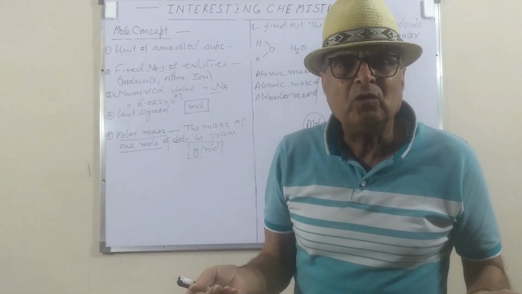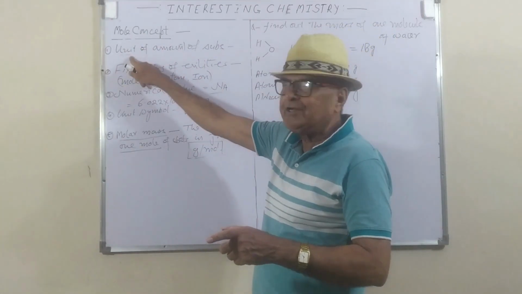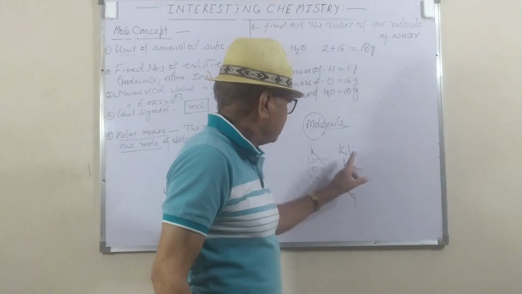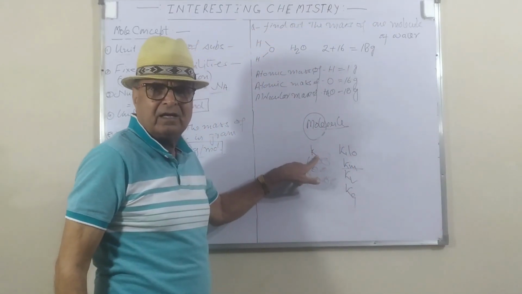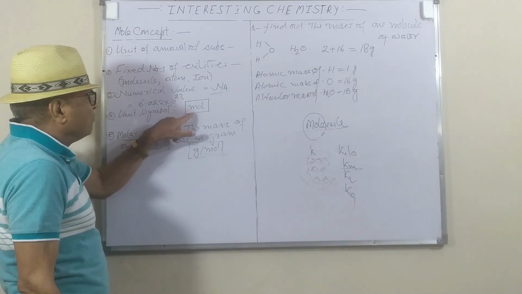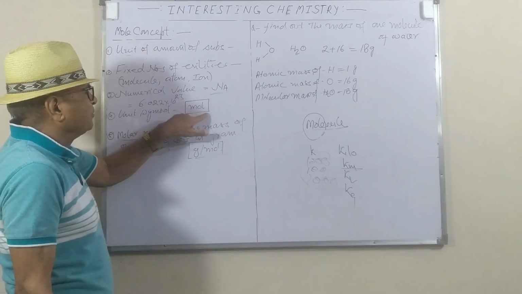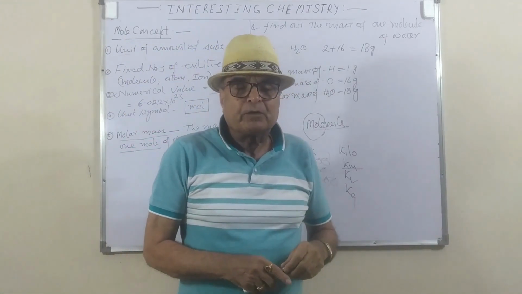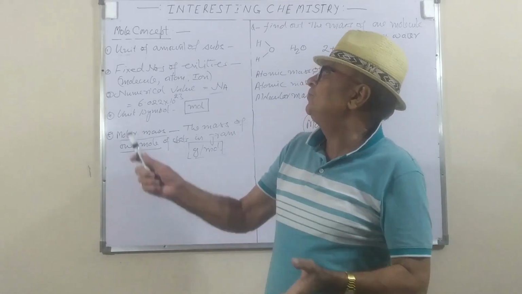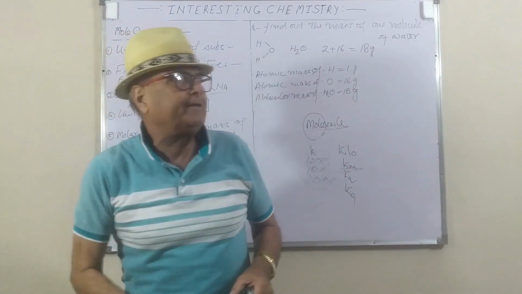Every unit has its symbol. Kilo has its symbol K. In the same manner, mole has its symbol mol, M-O-L, simply the E is deleted. So mol is the symbol of the unit mole. So this was about the mole.